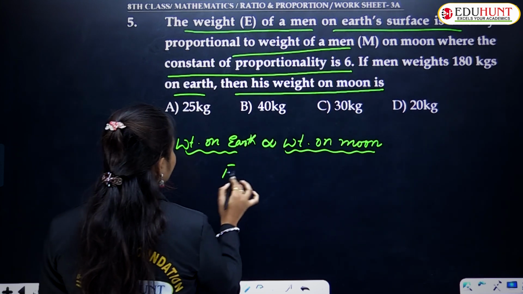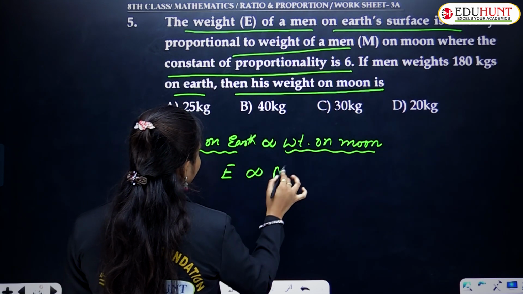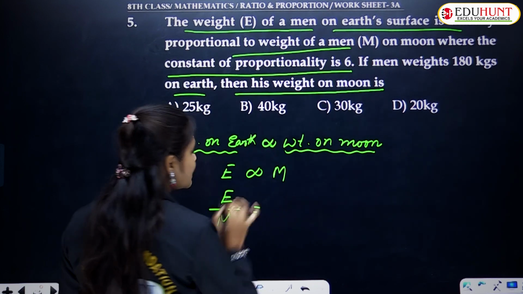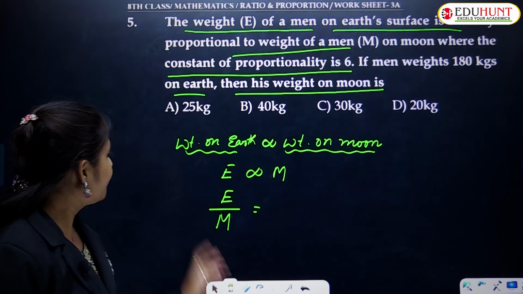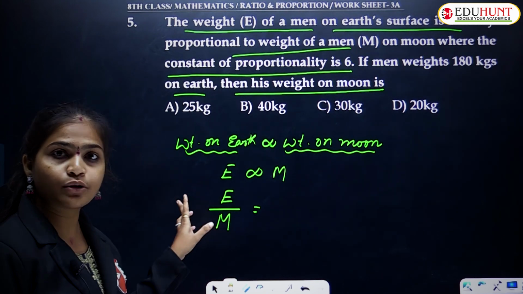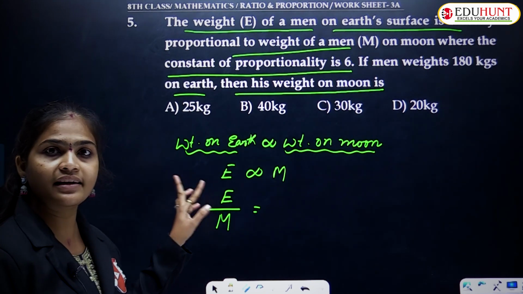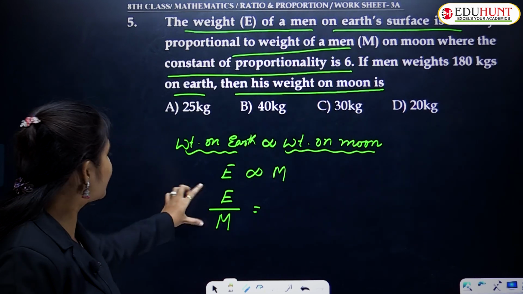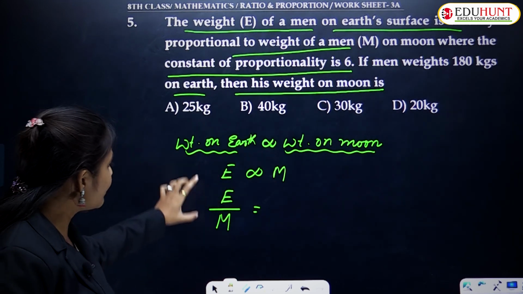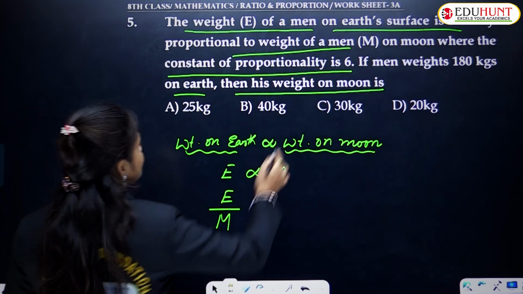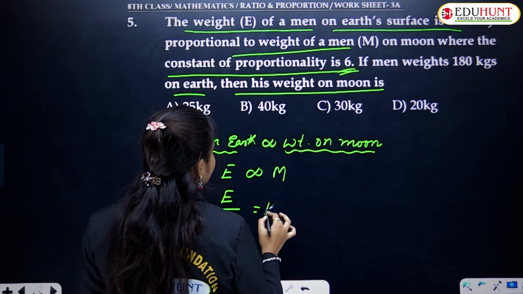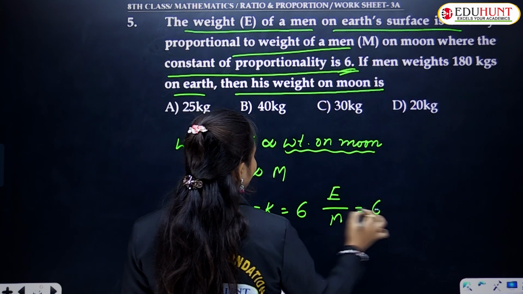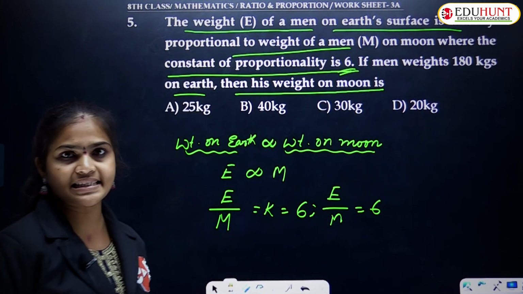So E is directly proportional to M, then E by M is a constant. If any two quantities of the same kind are in direct proportion, then we can say that their ratio is a constant. So here also E by M is equal to that constant value K, which is 6.